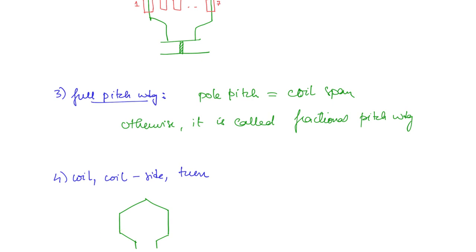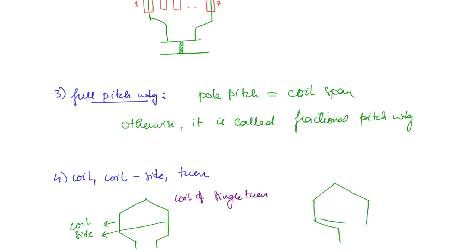So one coil is going to have two coil sides, but this is called a coil of single turn. There might be coils of multiple turns, which will be something like this. So here you can see this is a coil of two turns. Here there is this one coil side, this another coil side, this one, this another coil side. So you have four coil sides.